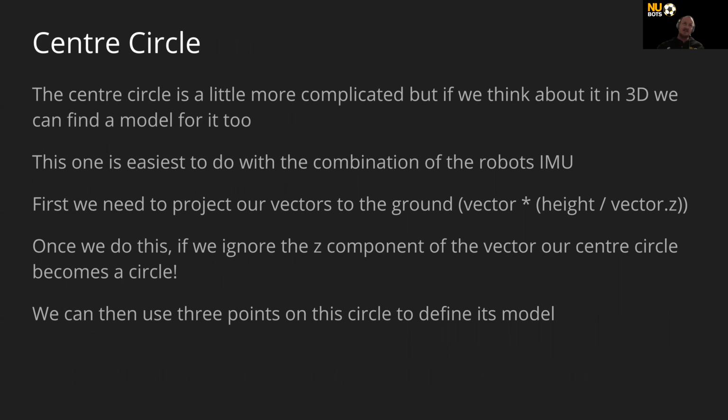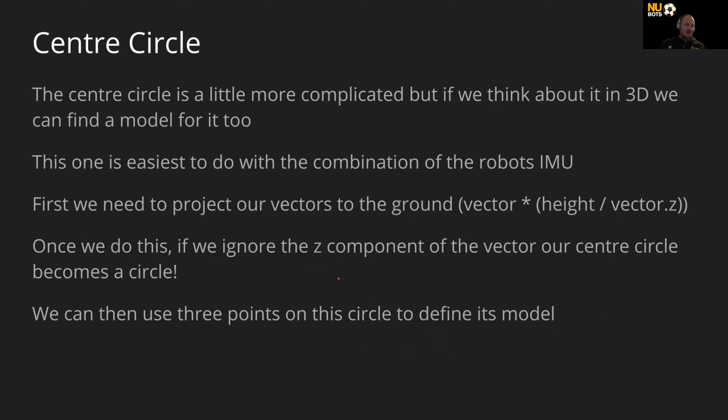And even the center circle. Well, the center circle is a little more complicated, but once we start thinking about it in 3D rather than 2D, we can find a model for it too. The easiest way to do this, which we use, is to combine these 3D unit vectors with the robot's IMU. If we project our vectors to the ground, after rotating them to be in the same coordinate system as the IMU, we can divide them by the Z component, multiplied by the height.